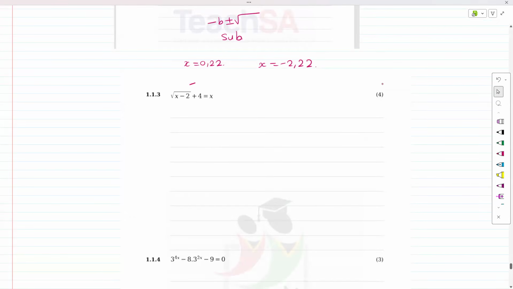Remember, this is a root. So whenever I have a root, I'm worried about testing. I need to test if my x answers are real or not. I'll take the plus 4 over and I get minus 4, and that's x minus 2. I'm going to square both sides, and this is going to be FOIL. So it's going to end up as x squared plus 16, and that should be minus 8x unless I made a mistake.